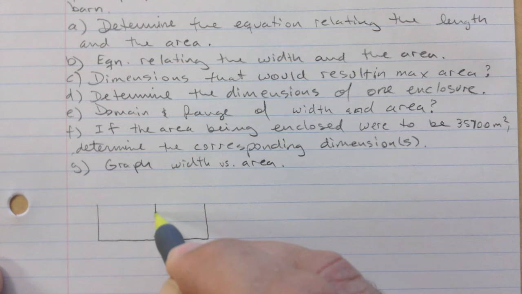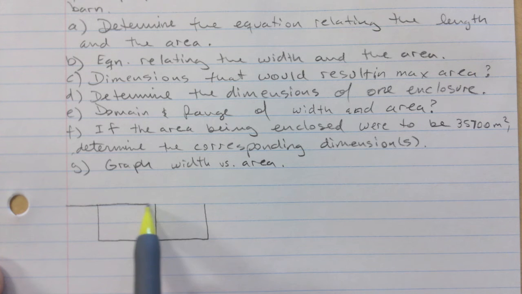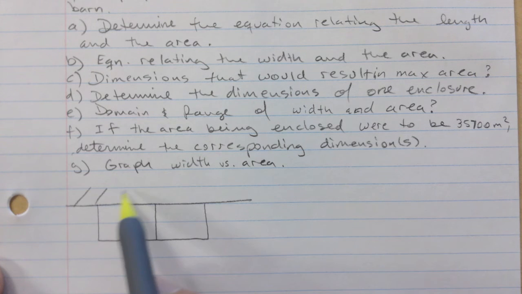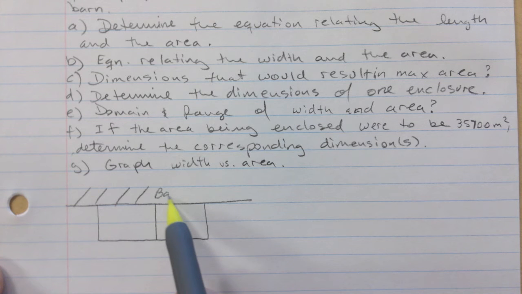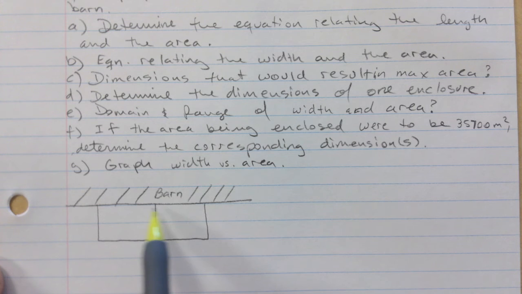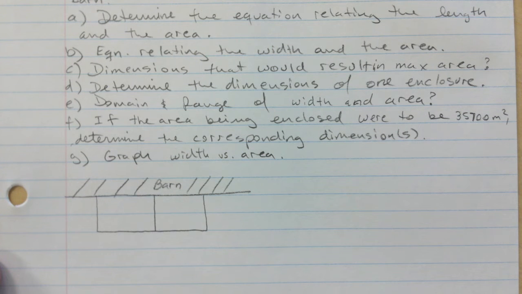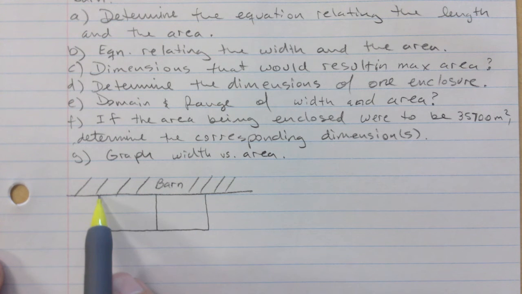And on this side, there's a barn here. So we just say this is the barn, right? So there's essentially no fencing required on that side. To save on fencing allows you to actually make a bigger enclosure, because you're not using fencing on this side.